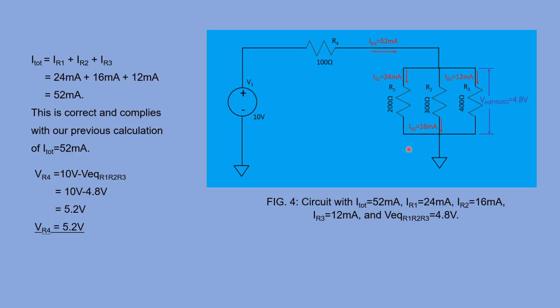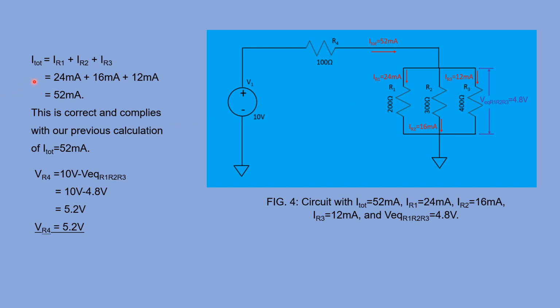Okay, so I've just repeated the circuit here in figure 4, which shows us that the current calculated in resistor R1 is 24 milliamps, the current in resistor R2 is 16 milliamp, and the current in resistor R3 is 12 milliamps.